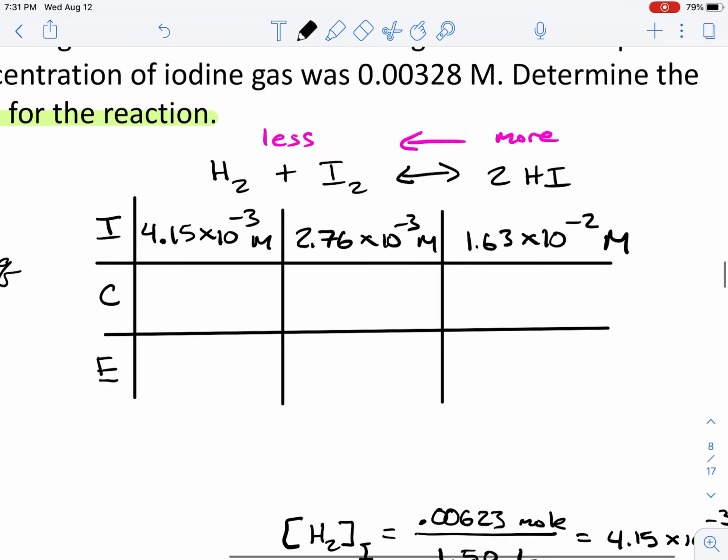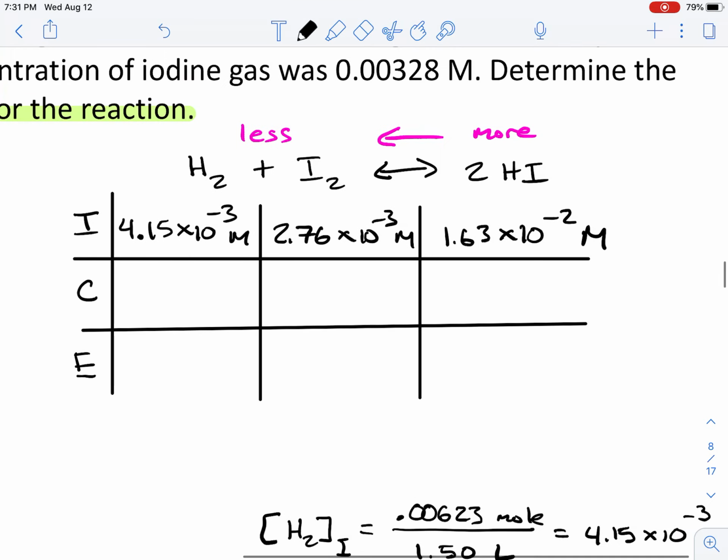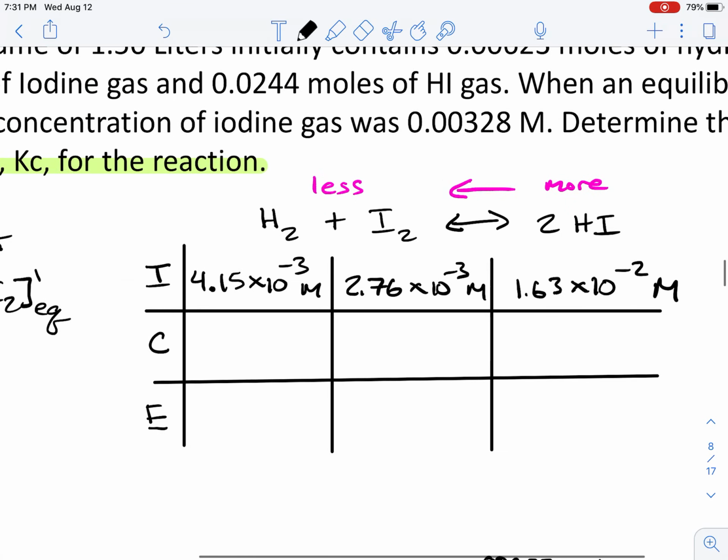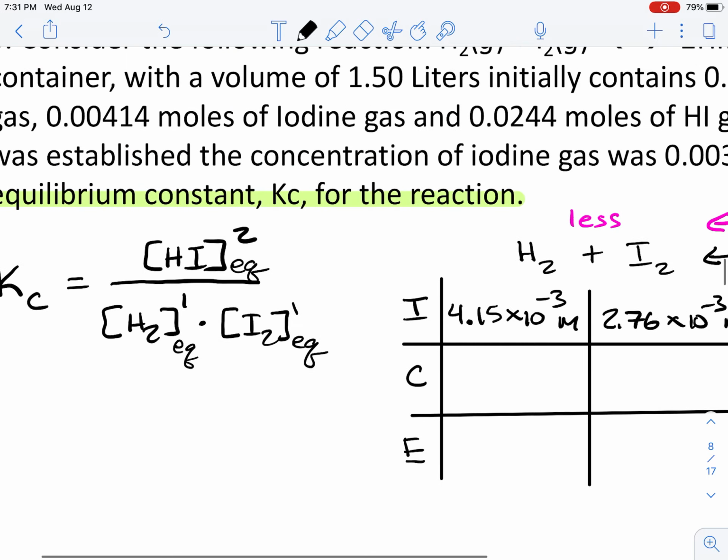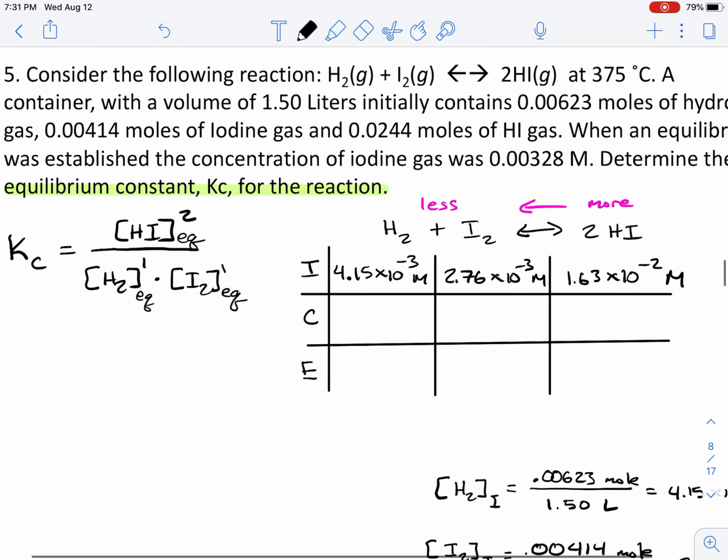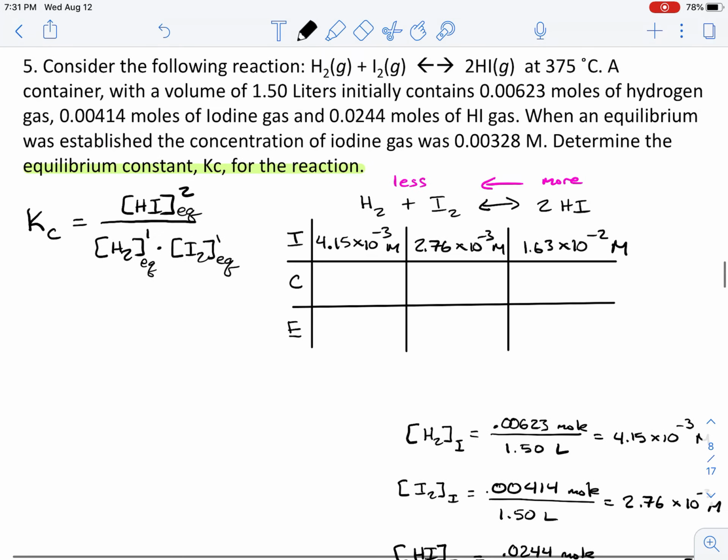There's actually another way to understand this point, and let's go ahead and talk about this last value here. When equilibrium was established, the concentration of I2 gas was 0.00328.